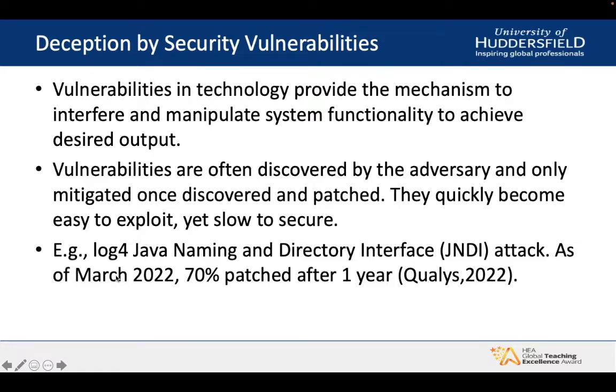You might remember the vulnerability discovered back in 2021, with Log4j. This is part of Java's naming directory interface, where people could quite easily adjust the configuration file to basically put remote code executions in there and have some quite significant impact, where they could start doing whatever they wanted.